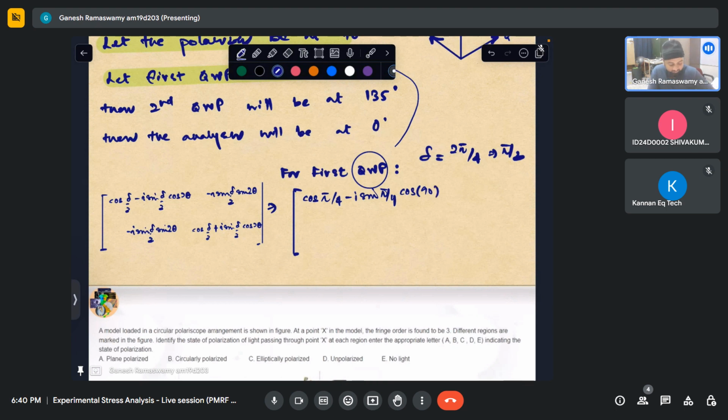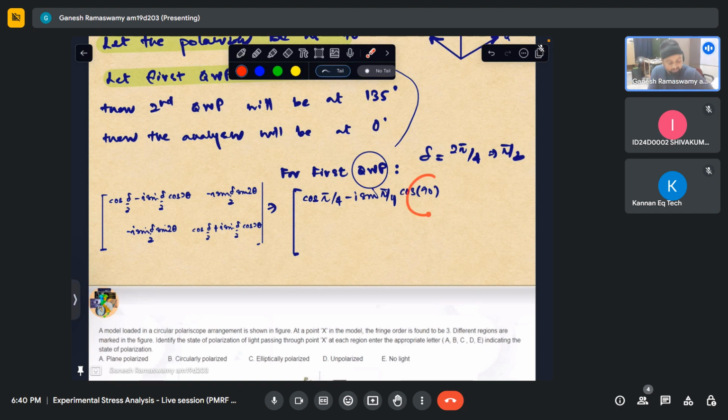Mind you, please don't get confused. I am plugging in one as degrees and another as radians. When you plug it into a calculator, please be sure to put it in consistent units so that your answer doesn't go haywire.